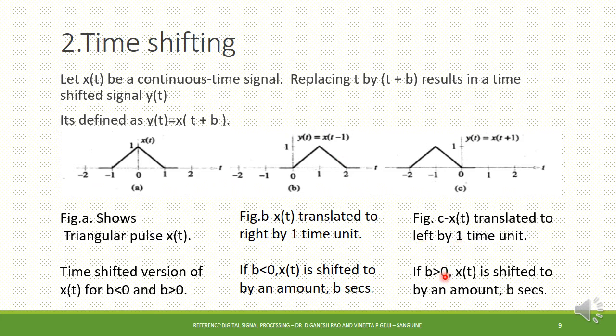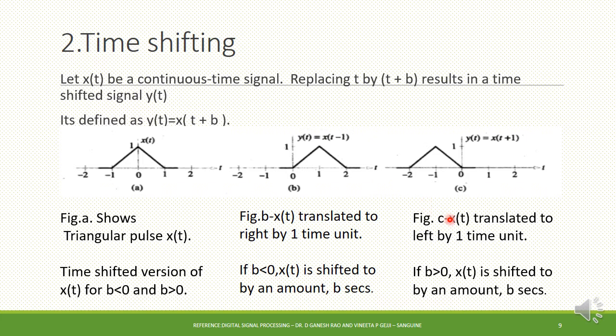When b is greater than 0, it is translated to the left, and that is important here. But how much amount depends on the b value. If b is plus 1, it is shifted plus 1. If b is plus 2, it is shifted plus 2. Presently in the figure we showed for only 1.